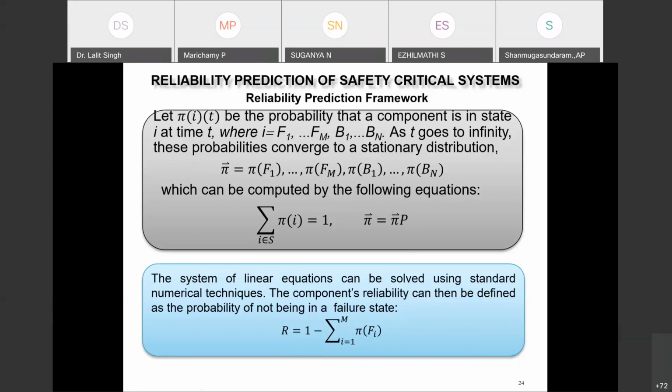What it means to say is, for example, you fill a glass with water. You can see that at the very initial point of time the water will be zigzag, and after a small time interval it will settle down. So it takes a very small time period to settle down.